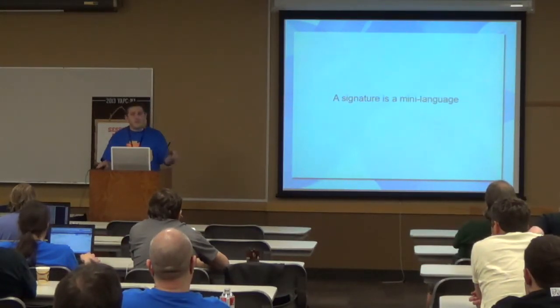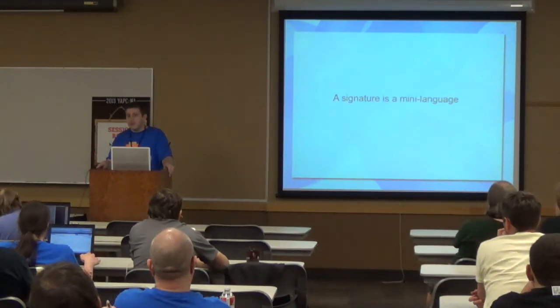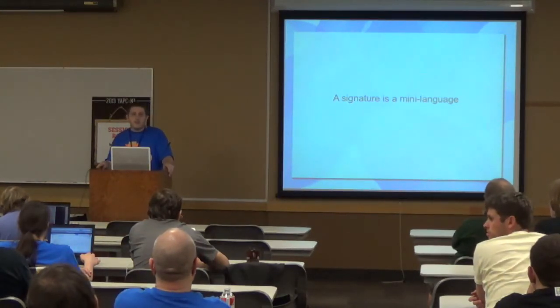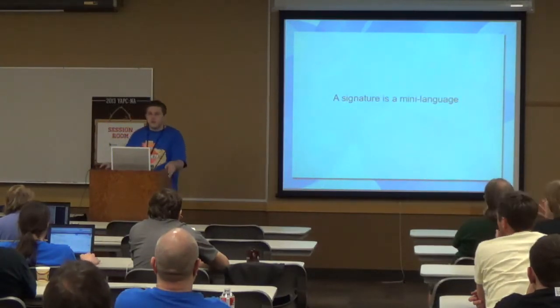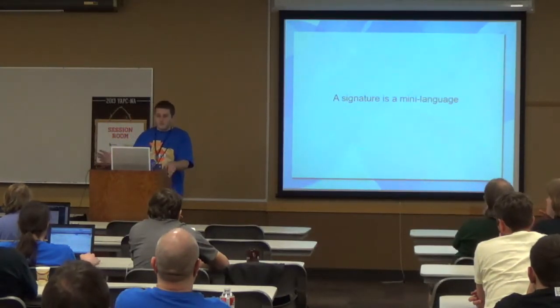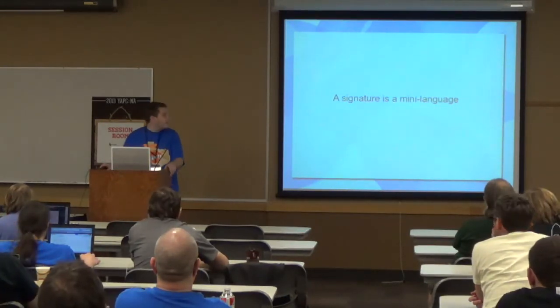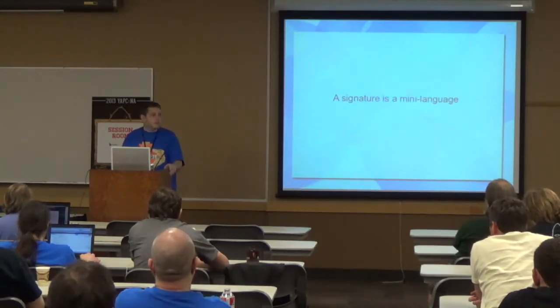A signature is a mini language, and that is so key to think about at the start of this, because that means that it needs to be parsed, and it needs to be parsed separately. It may have its own rules. It can decide what its own rules are. So the is keyword, using an attribute, those things are really separate from how everything outside of the signature gets parsed. And you do need to enforce that demarcation and allow for something else to do the parsing itself.